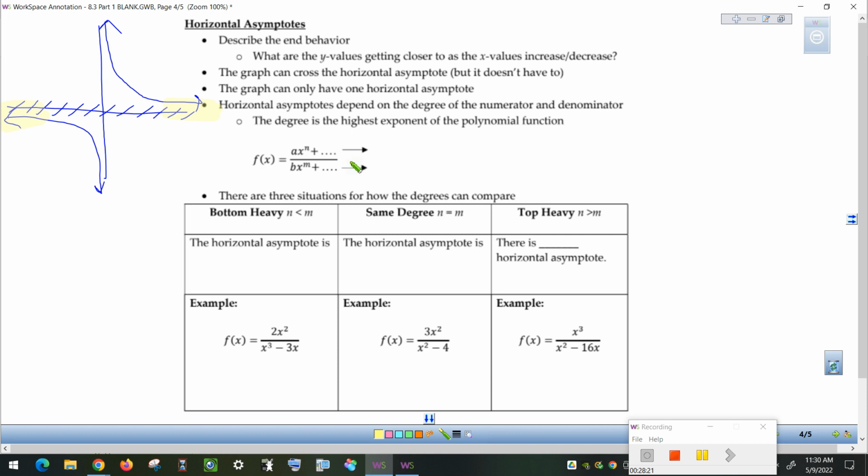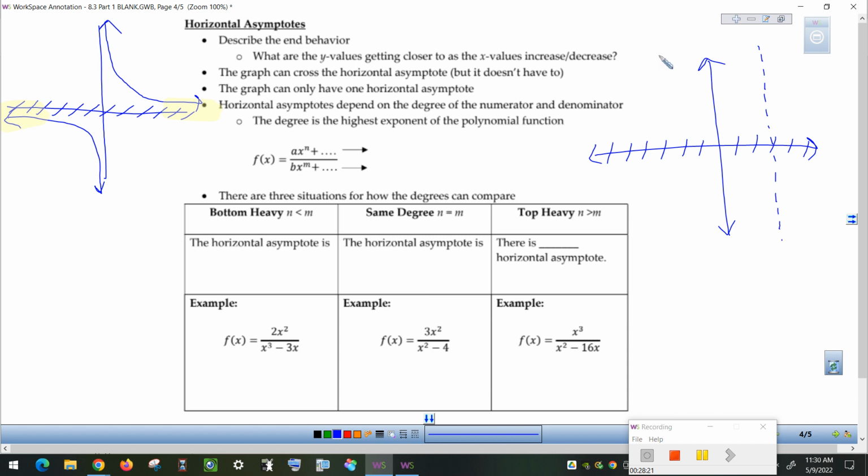The thing about horizontal asymptotes is that the graph can actually cross through a horizontal asymptote. It doesn't have to, but let me show you another picture of another kind of common possible thing that could happen. Could be having a horizontal asymptote at y equals 0. It's possible that it could have two vertical asymptotes, so maybe we have one on either side. And our curve might look something like this.